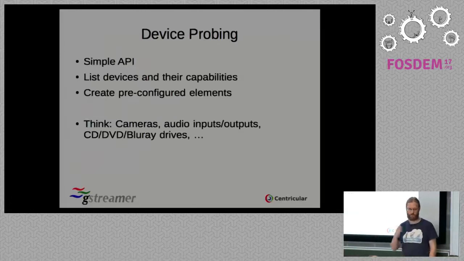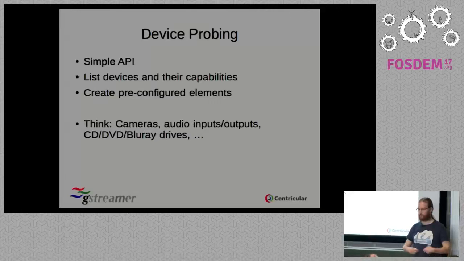One thing that was added, which many people needed, is a device probing API. Say you have an application and want to use a camera, and you want to know what kind of cameras are there. For that, we have a very simple API now that gives you information about all the cameras that are there and all the capabilities that these cameras have.